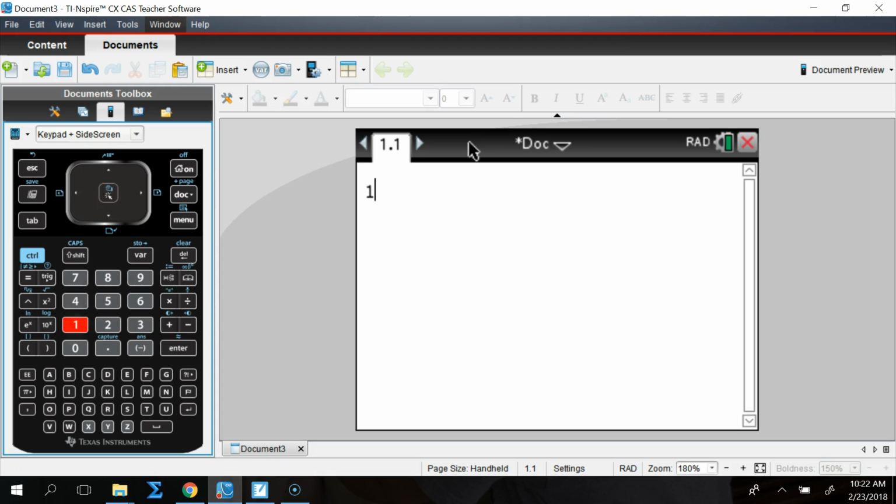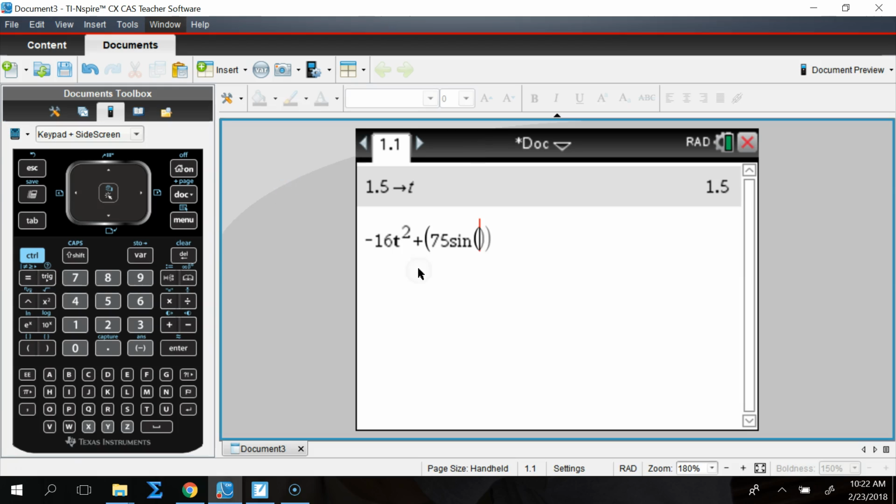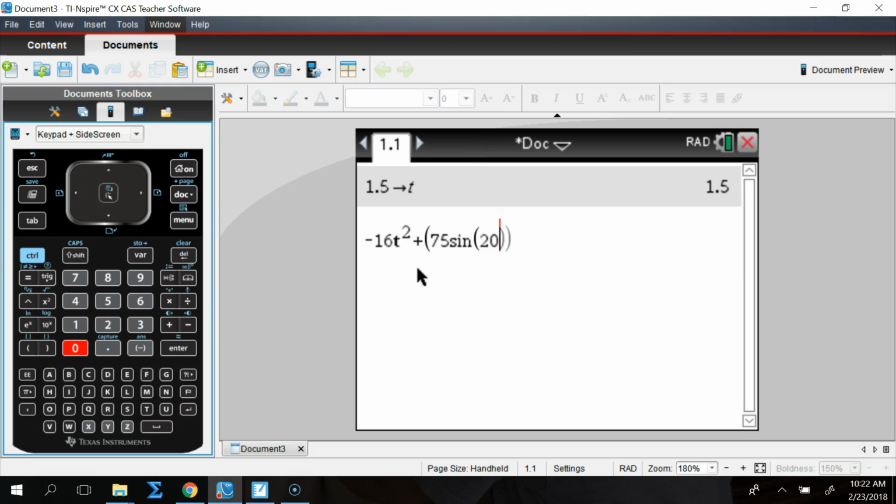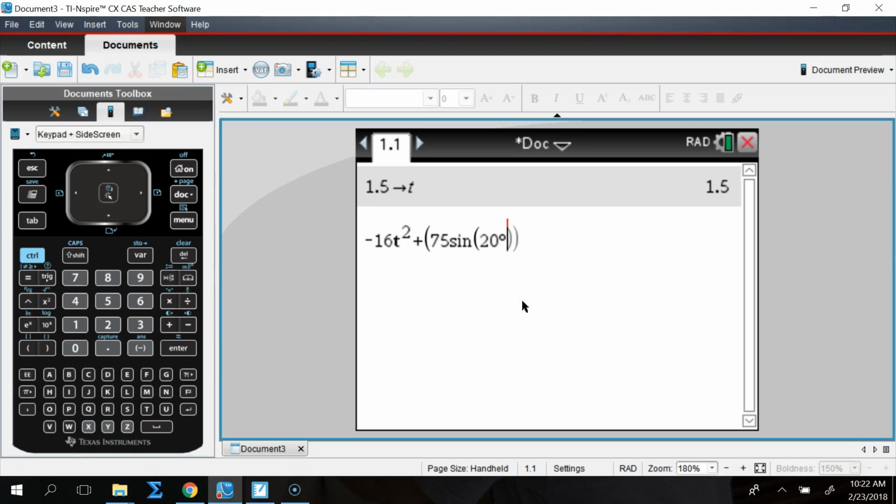So when I do that, if I go 1.5 and I store that as my t, then I can go negative 16 t squared plus 75, I should put that in a set of parentheses, 75 times the sine of 20 degrees. Now, I will tell you this, it is extremely important for you to determine what mode your calculator is in.